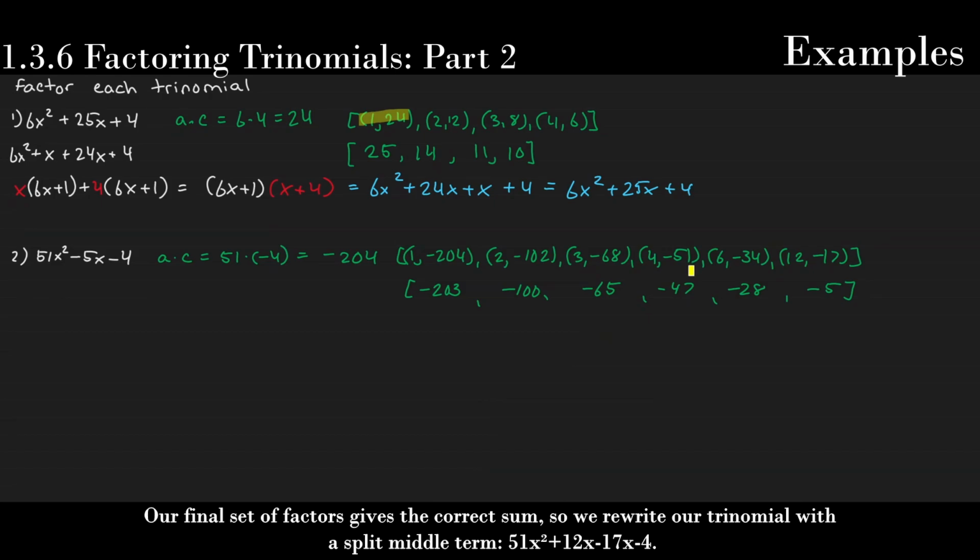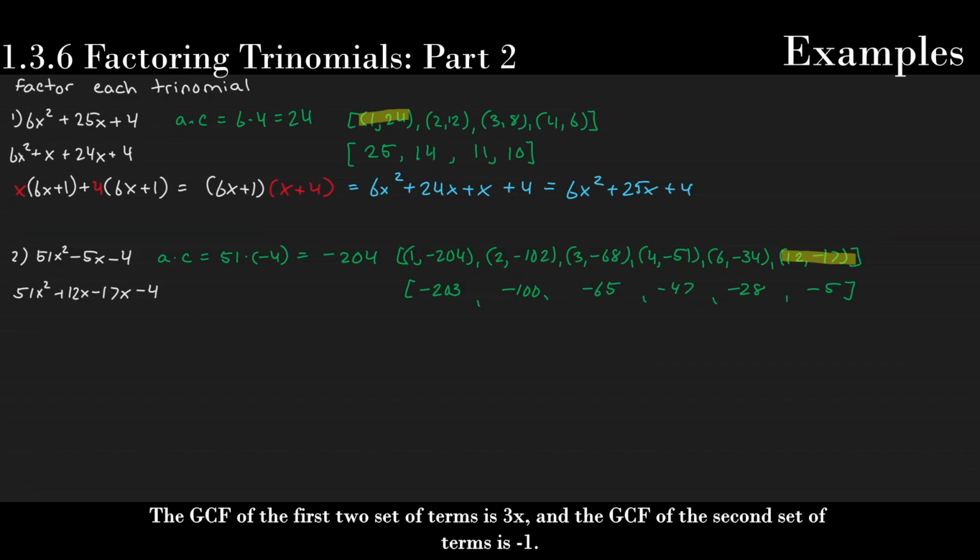Our final set of factors gives the correct sum, so we rewrite our trinomial with the split middle term. 51x squared plus 12x minus 17x minus 4. The GCF of the first two terms is 3x, and the GCF of the second set of terms is negative 1.